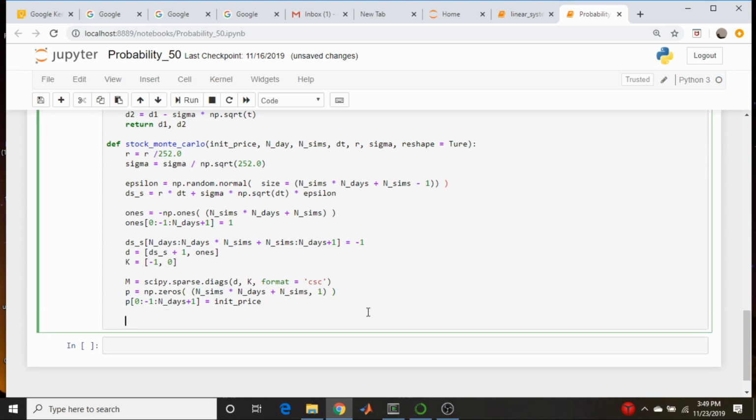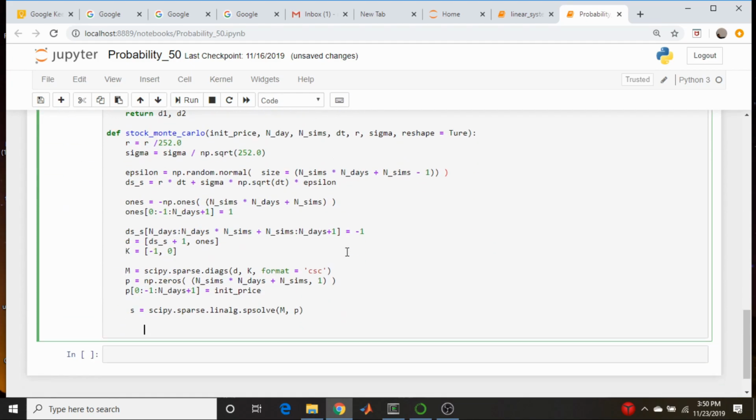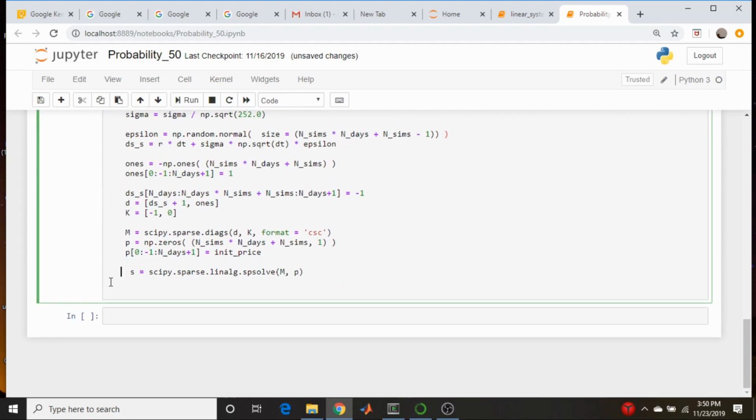Okay. So now we actually solve the equation, and we do that with the linear algebra sparse matrix solve command. That's straightforward. And now I want to add a block of code to take care of this reshaping of the matrix, because this is a column vector here, and we want a rectangular matrix.